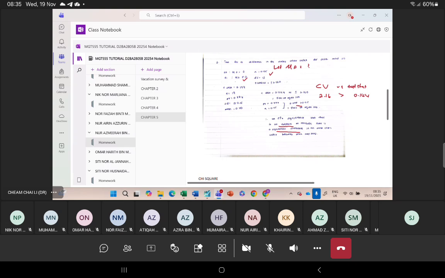So there is not enough evidence to state that there is a significant difference between the crime rates in 2022 and 2023. So this is how you define it.